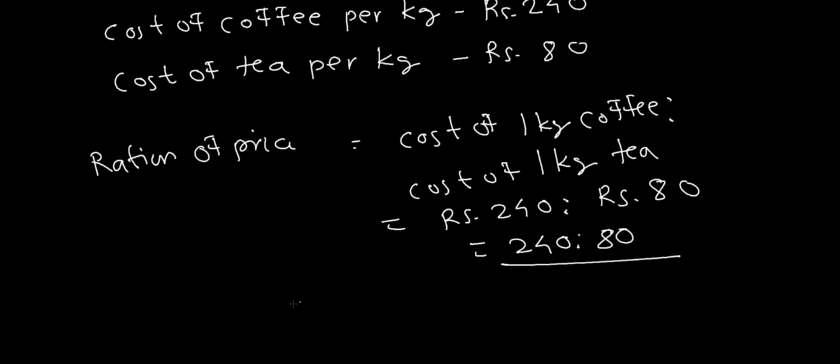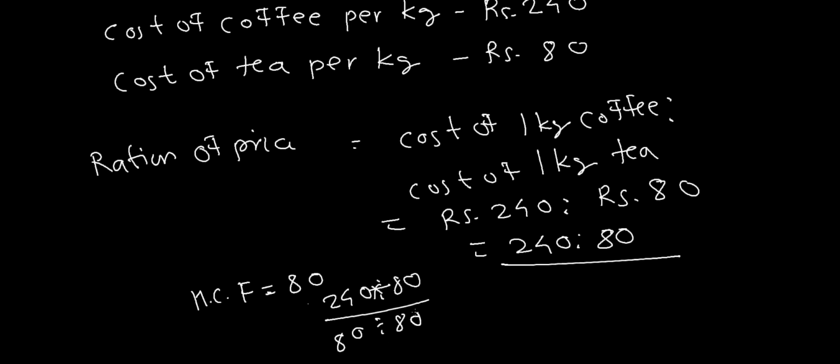In simplified form, the HCF of both is 80. If we divide 240 by 80 and 80 by 80, we get the simplified form 3 by 1, that is 3 is to 1.